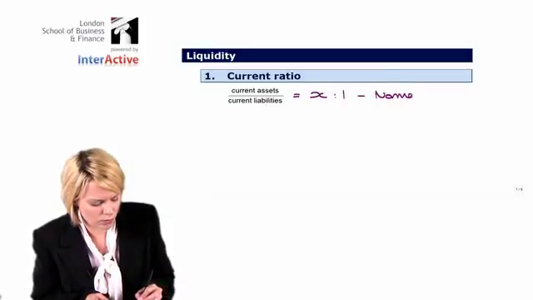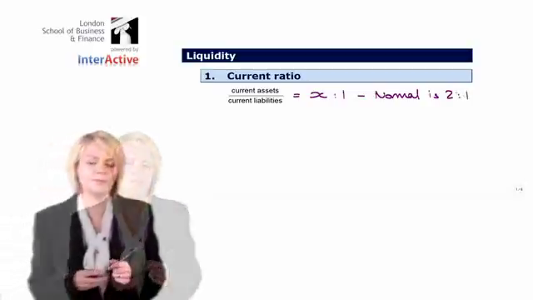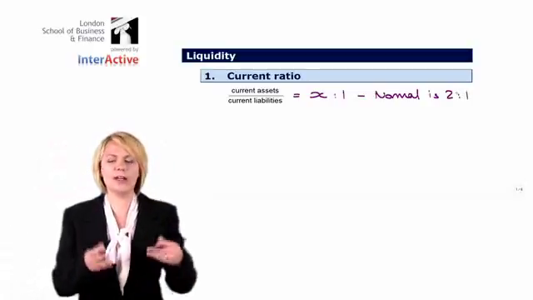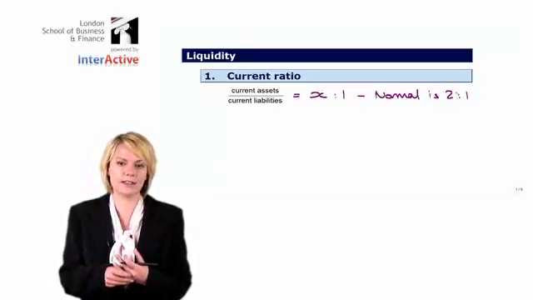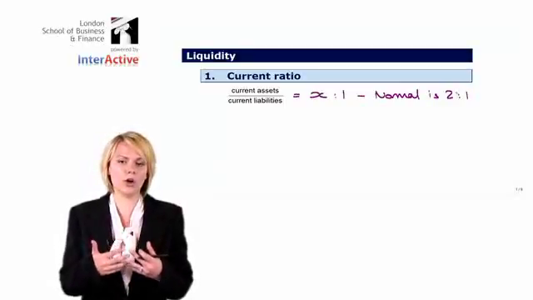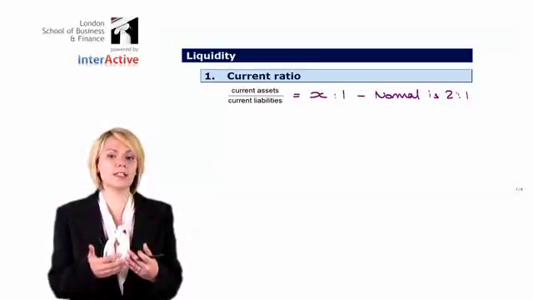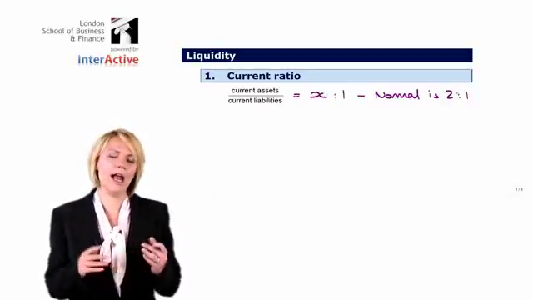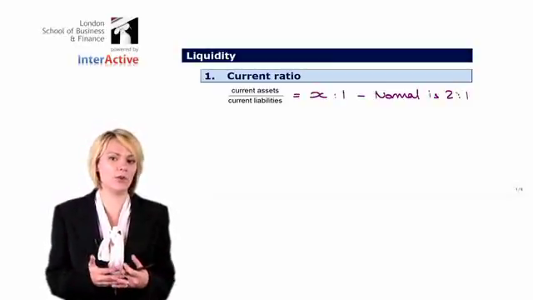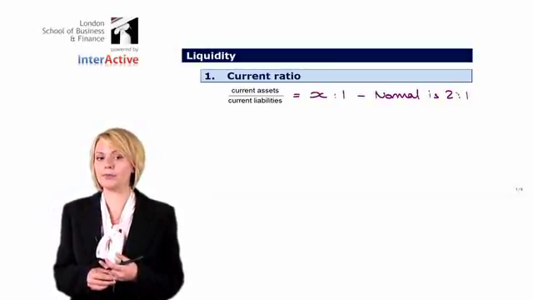So we have twice the amount of current assets to settle our current liabilities. Okay? So we've got more than enough, or twice as many assets as we have liabilities. And that would be considered a healthy level of current ratio.